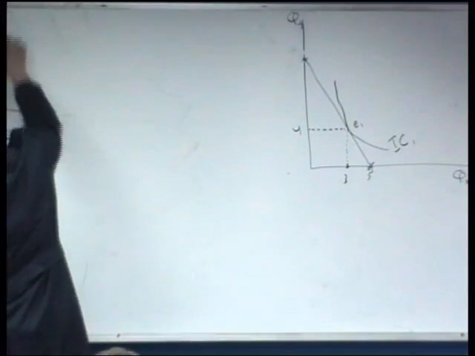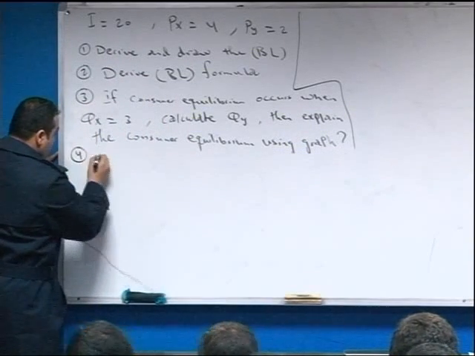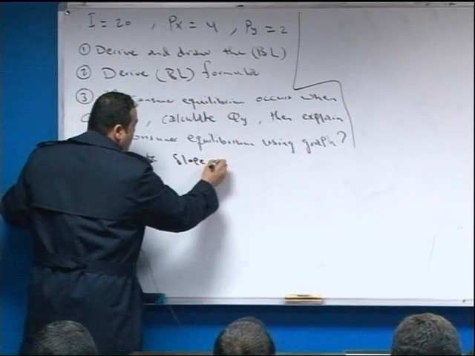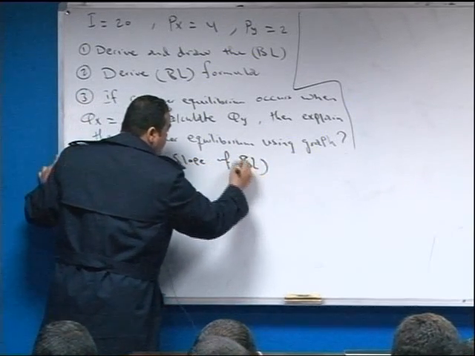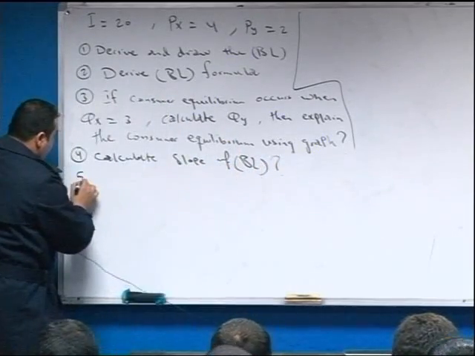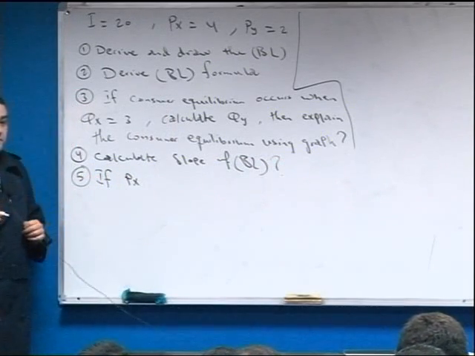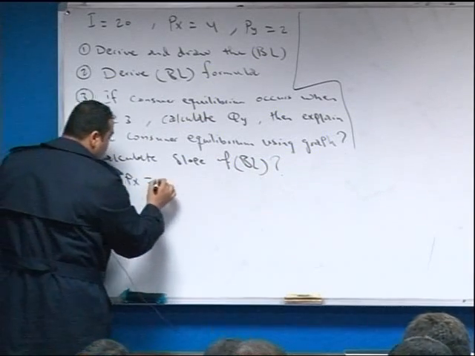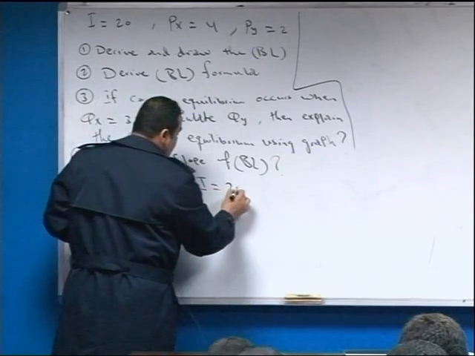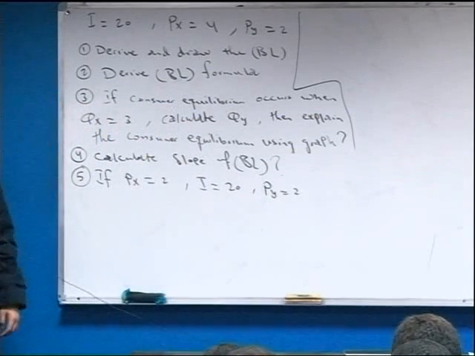So number 4 is calculate the slope of the budget line. It's already calculated. Number 5, if the price of X declines to 2, income remains constant at 20, and Py equals 2, remains constant as well.